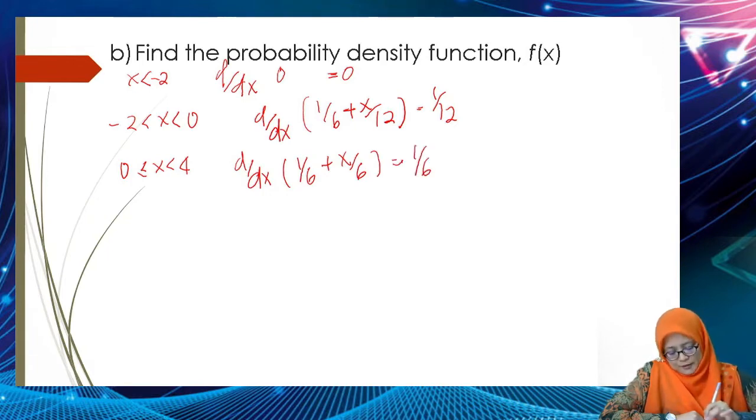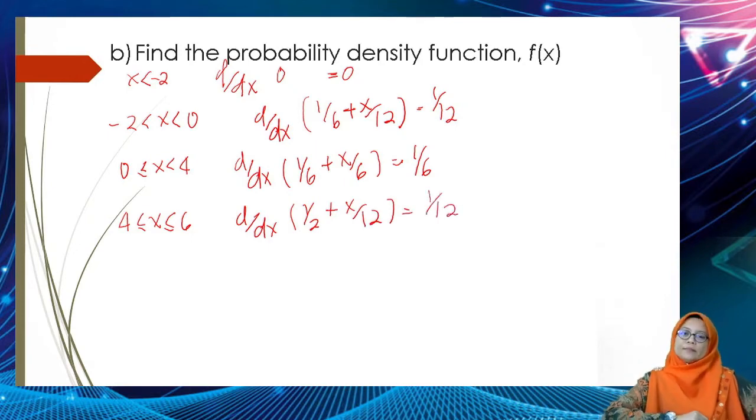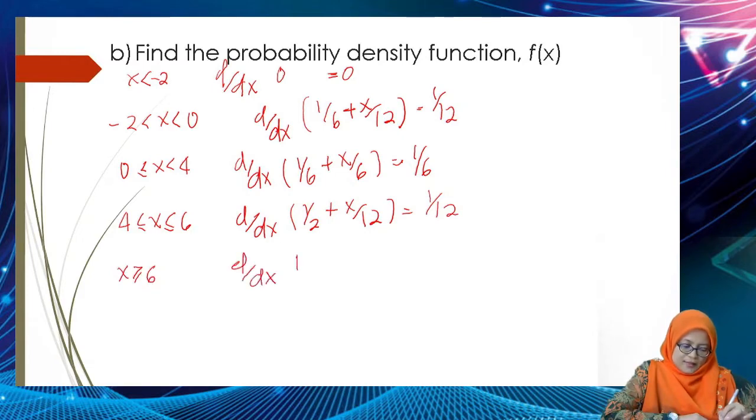So then for interval 4 to 6, differentiate function 1/2 plus x over 12. So constant, differentiate dapat 0. Differentiate x over 12, kita dapat 1/12. Okay, so then last one for interval x greater than or equal 6, differentiate 1. So 1 is a constant, differentiate dia dapat 0.